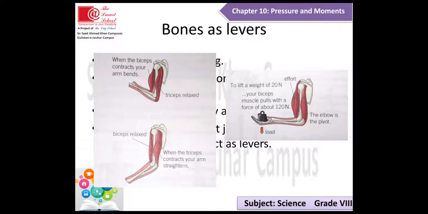Now look here, the hand is acting as a load. The elbow is acting as a pivot, and the biceps is acting as effort here. For lifting the weight of 20 Newton, your biceps muscle pulls with a force of about 120 Newton.